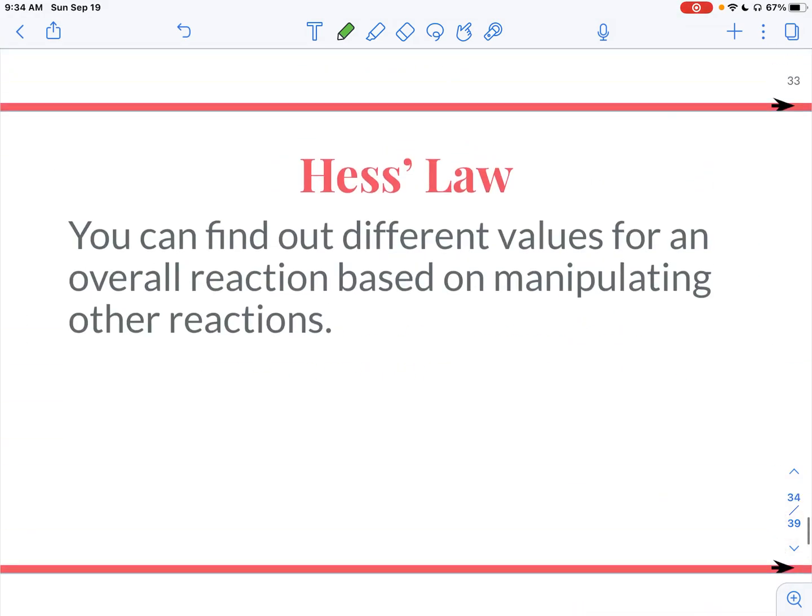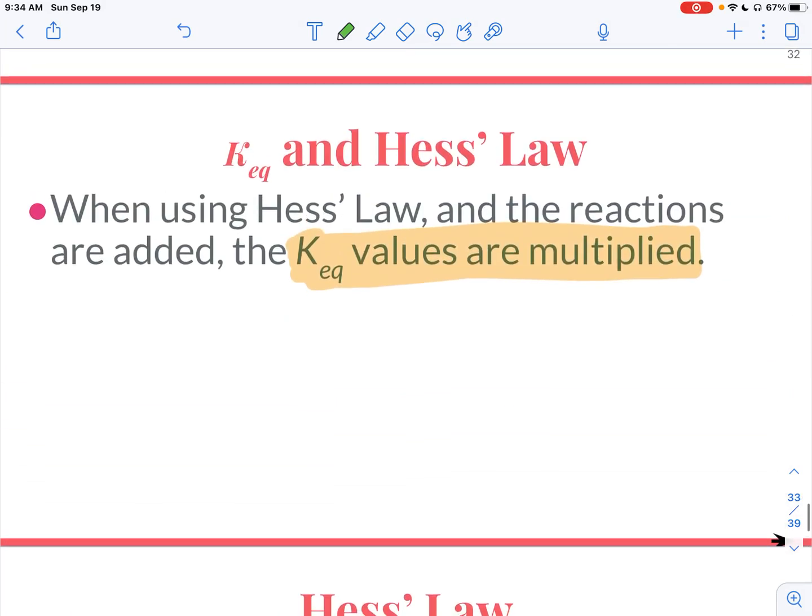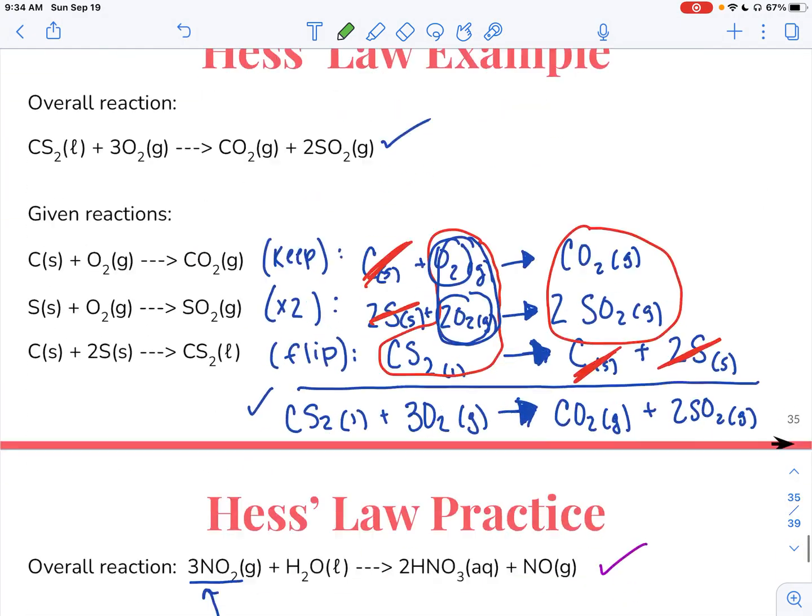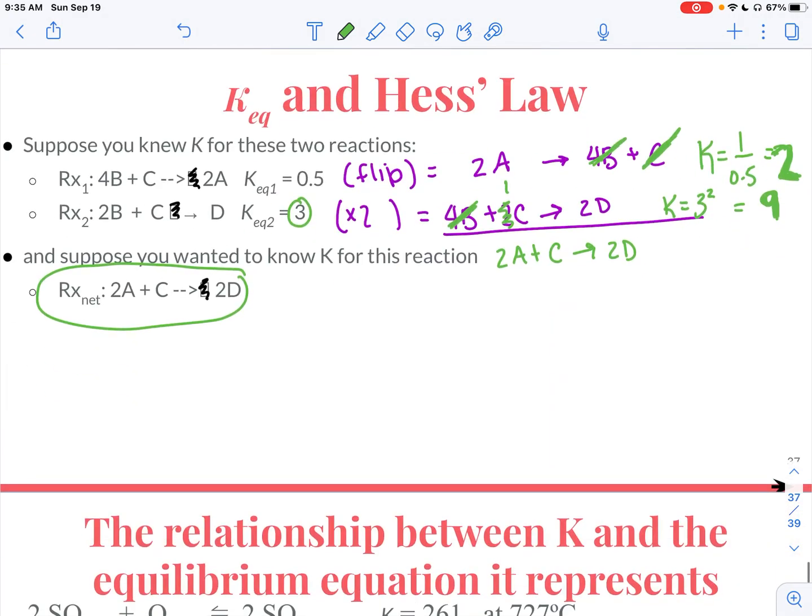Last piece of this, which we did before the Hess's law thing, is that when reactions are added, which is what we're doing in Hess's law, the K values are multiplied. Okay? So our new K values, so our 2, because we added this reaction, which was the flipped one, and our 9, because we added this reaction, which was the multiplied by 2 one. The reactions are added, the K values are multiplied.